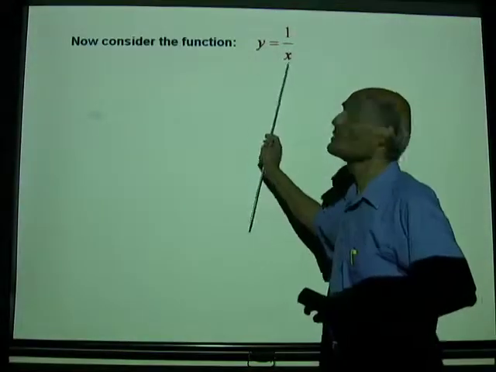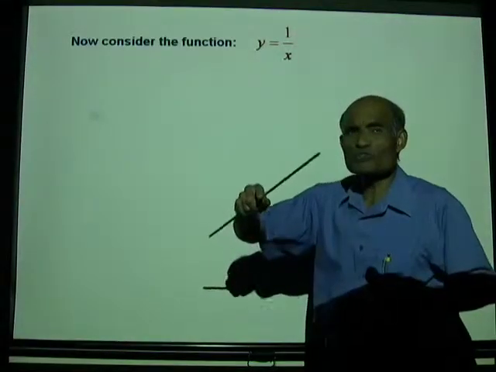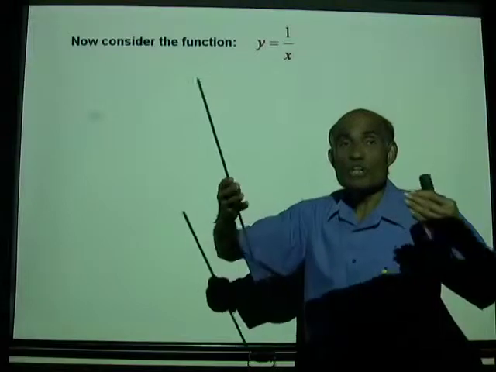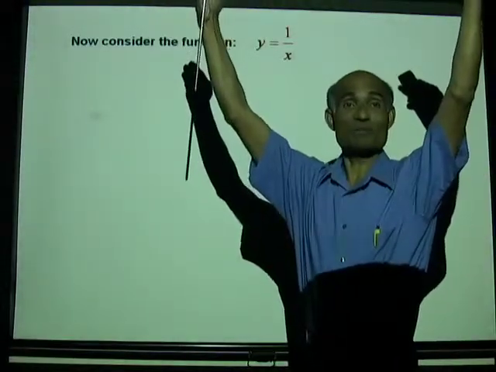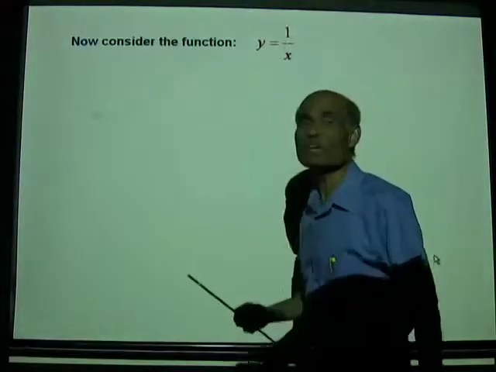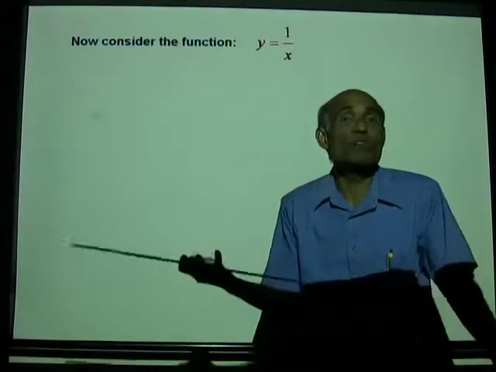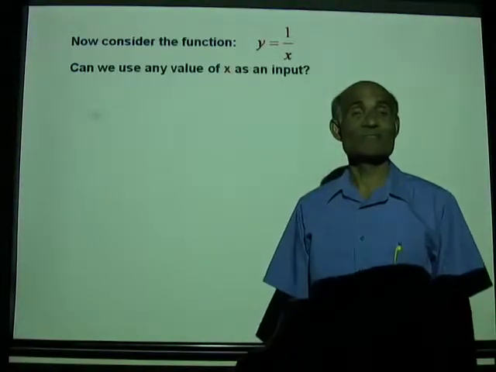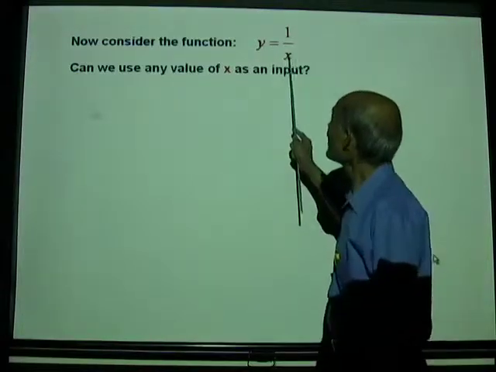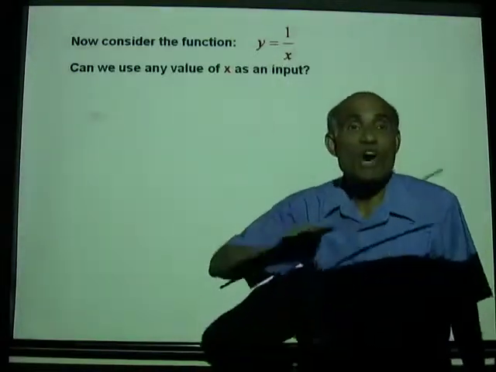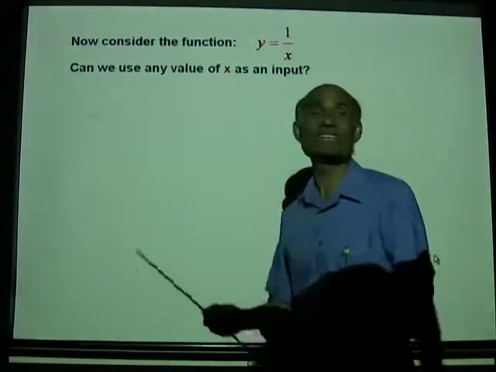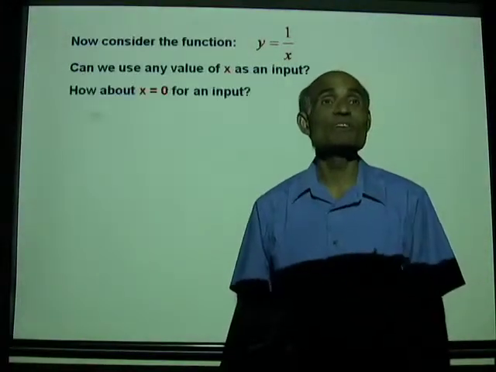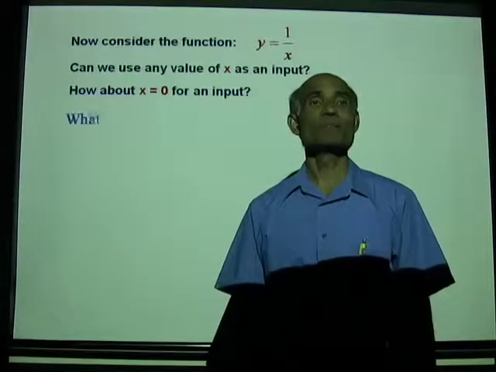That means as the denominator gets closer and closer to 0, the output increases without bounds. So when the denominator is actually 0, we don't know what the value is. That means x equal to 0 is not a possible input. That means this function cannot have an input x equal to 0.